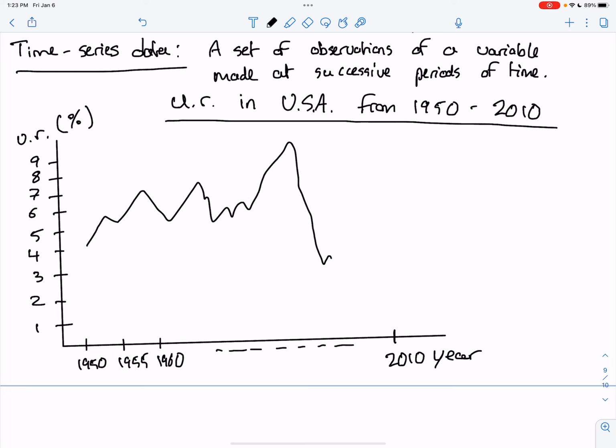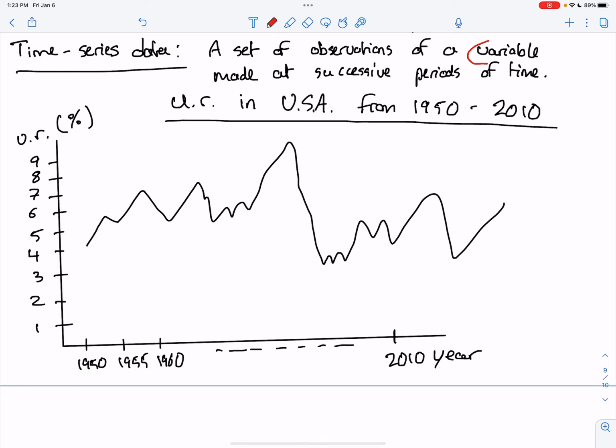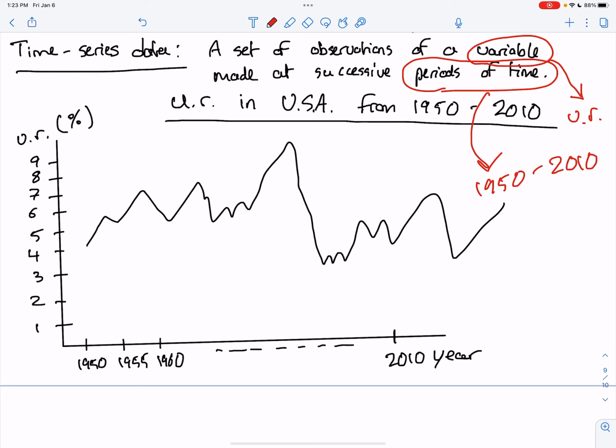something like that, right? So what this graph represents is the changing rate of unemployment. That's our one variable, the unemployment rate over successive periods of time, 1950 to 2010.